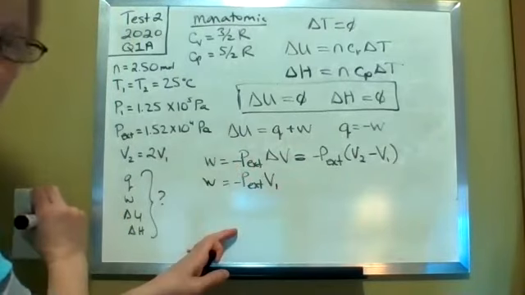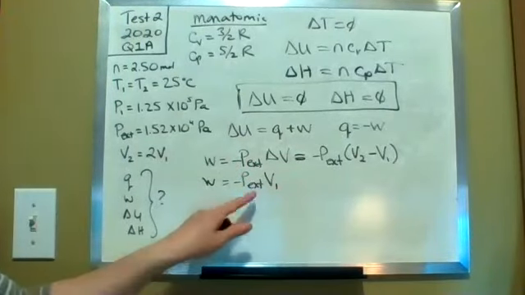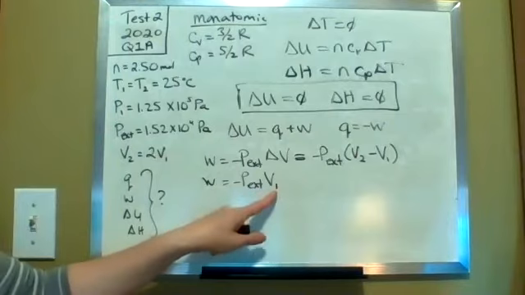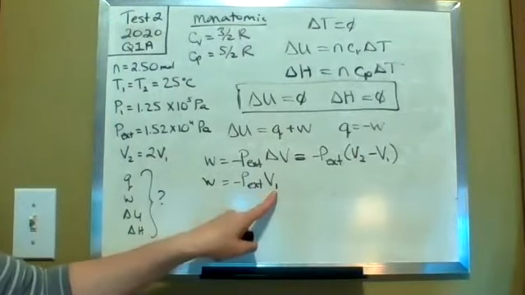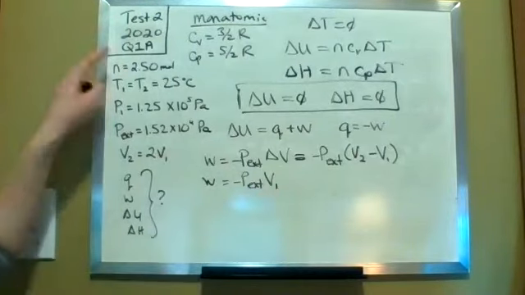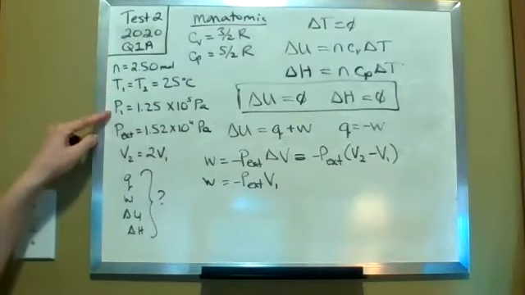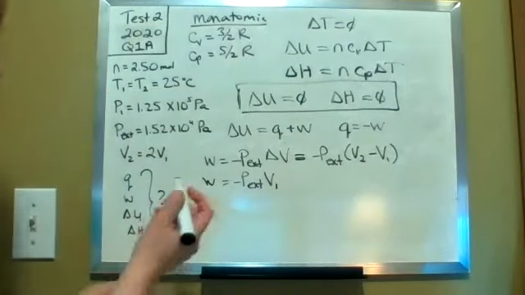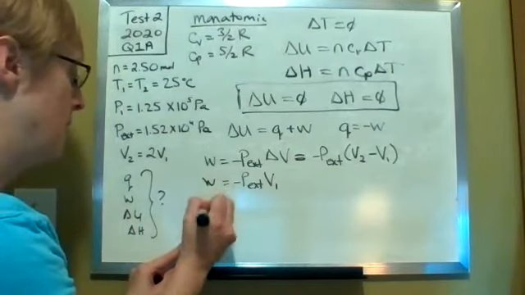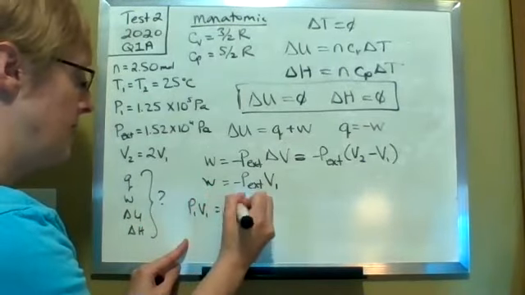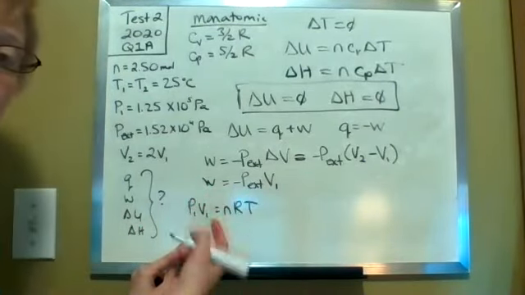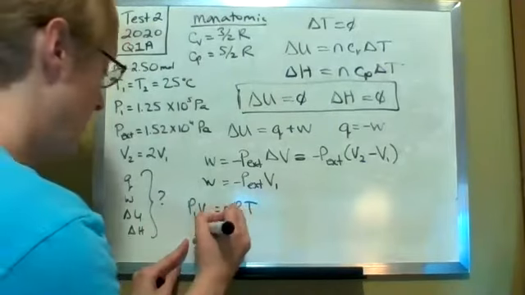There's our equation for work. We have P external. We don't have V1. This is an ideal gas question, and if you look and see what else you have: n, T1, and P1. So using our ideal gas equation, P1 V1 equals nRT, we should be able to solve for V1.